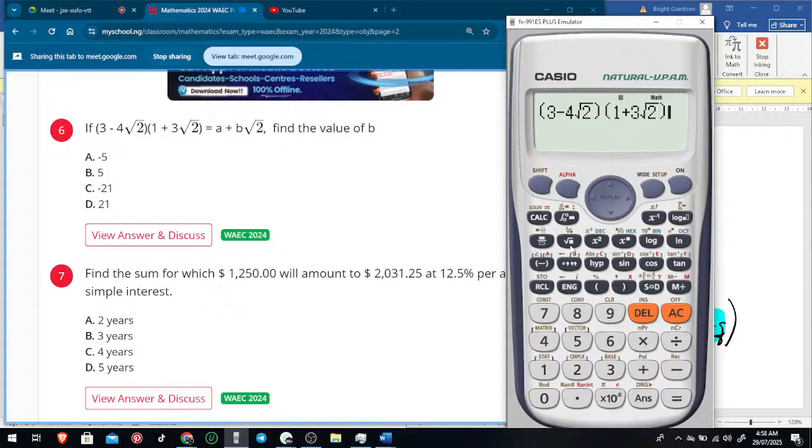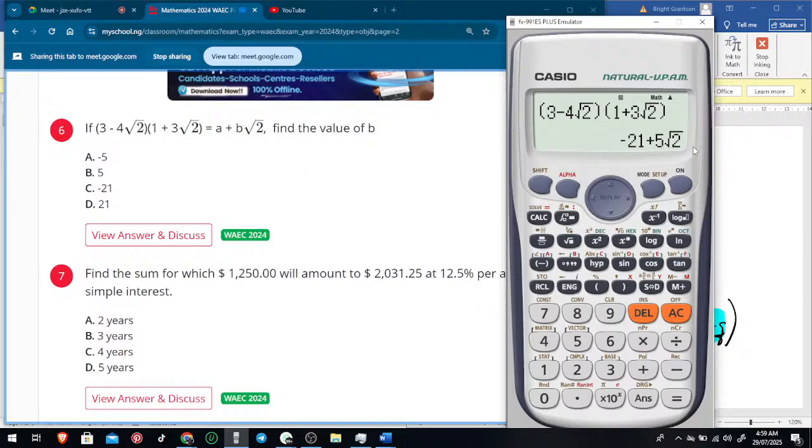Are we on the same page here? Yes, sir. Okay, so when we punch equal to, what do we get? Negative 21 plus 5 root 2. So this says write this in the form a plus b root 2.